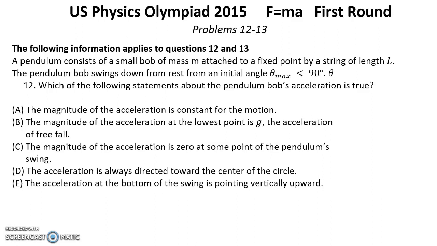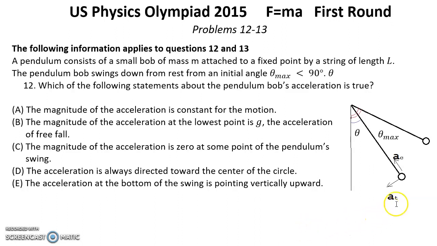Solution. First, let's draw the picture. As we can see from the picture, the acceleration of this pendulum has two components. One is tangential and the other is centripetal. And we can write expressions for these accelerations.